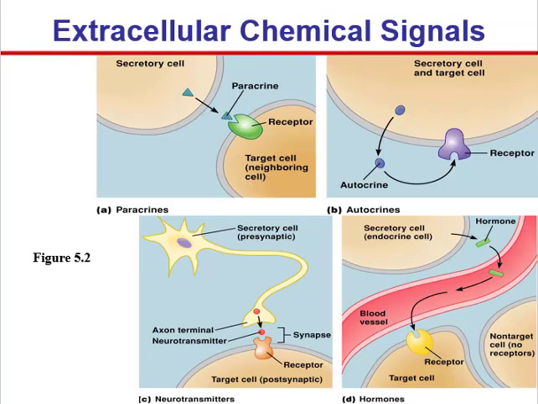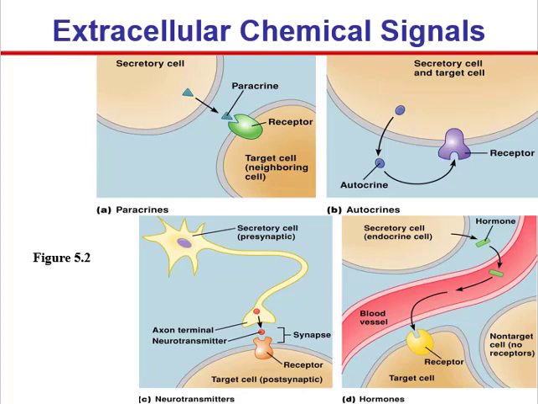So here in Figure 5.2, this illustrates the 4 different methods of communication between cells using chemical signals or ligands. Remember, a ligand is any molecule that binds to a specific receptor protein on the target cell. Examples of ligands include paracrines, often used within an organ to coordinate surrounding tissues, shown here in Panel A. Autocrines help with self-regulation, auto meaning self, since the signal is formed by the same cell that is being targeted.